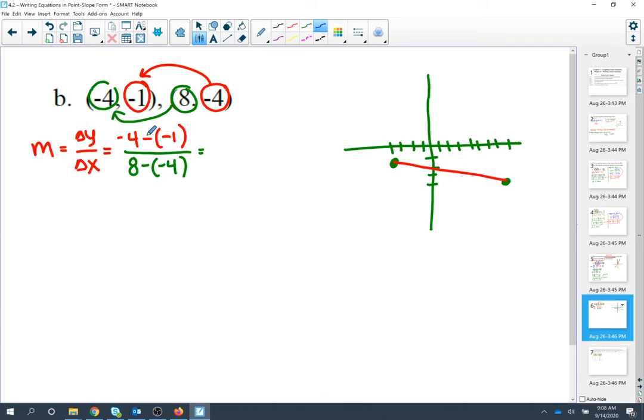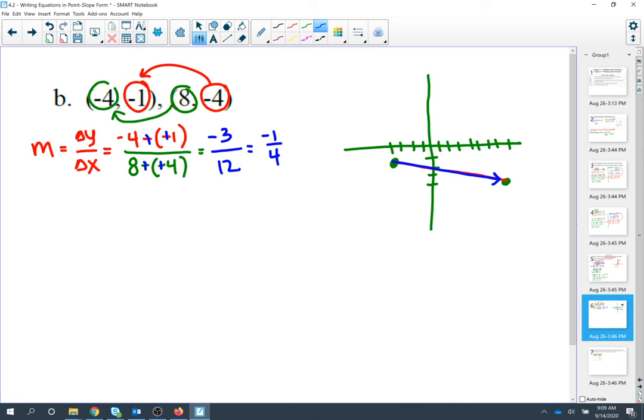The double negatives make a positive, so you're dealing with a -4 plus 1, which is a -3, and then you're dealing with an 8 plus 4, which is 12. That's going to give you -1/4. If you take a look at your line from the left to the right, is it falling? Yes, so a negative slope would be appropriate here. It's always a good check.